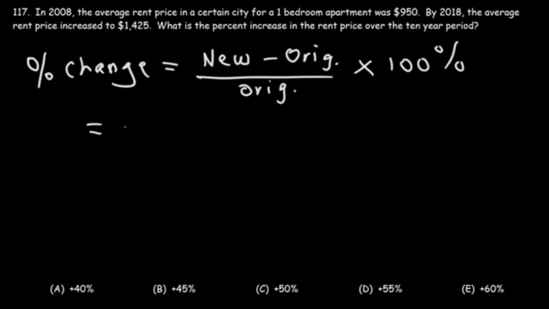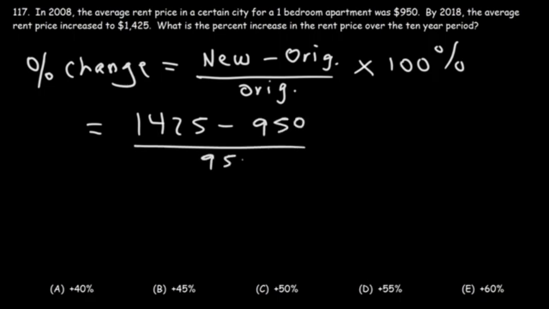So the new price is $14.25. The original price is $9.50, and we're going to divide it by $9.50 again. So $14.25 minus $9.50. Let me retype that again. That's going to be $475.